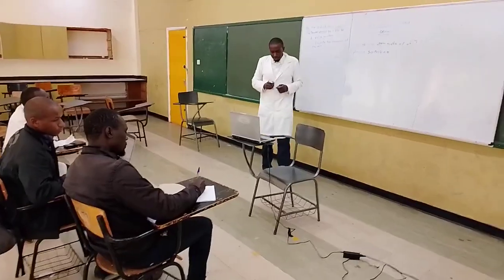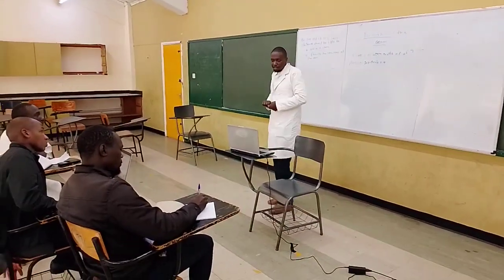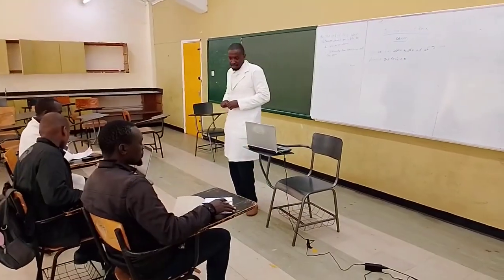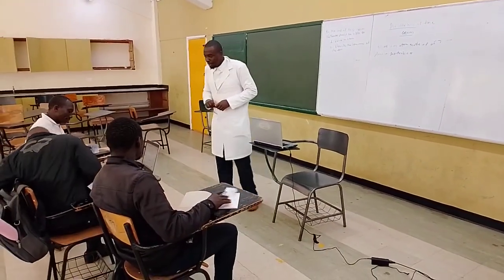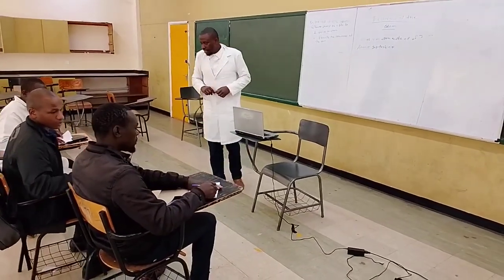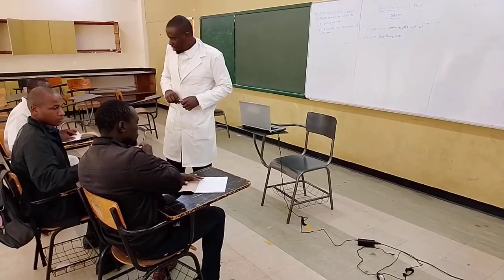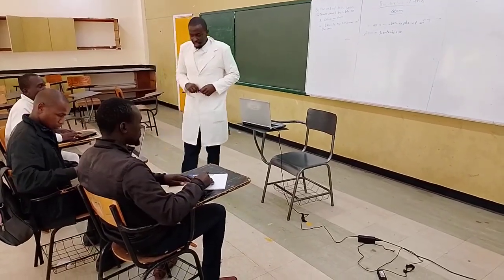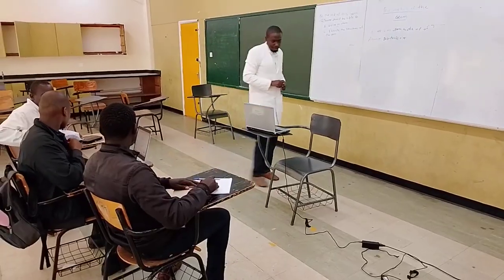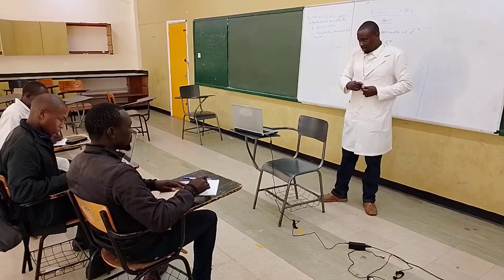And so, for us to do this, I wish you to have a piece of paper. Once you have a piece of paper, I want you to create 2 columns.